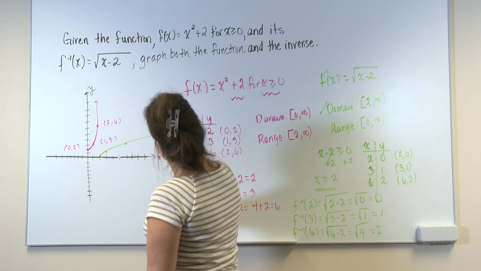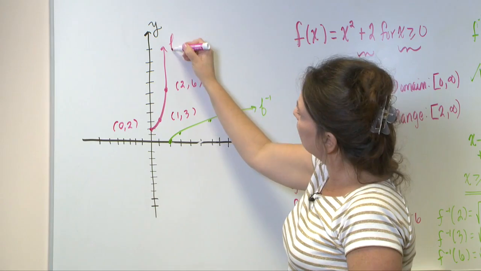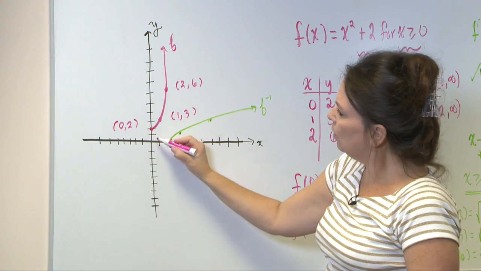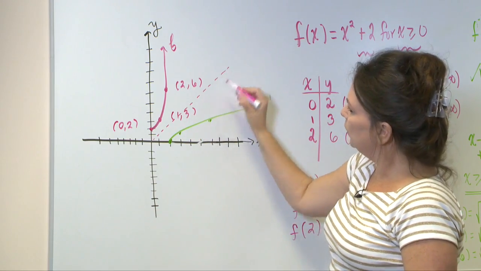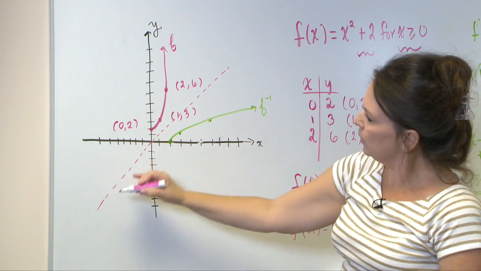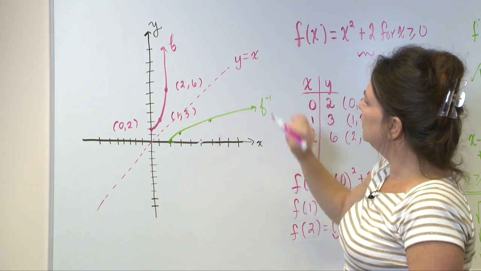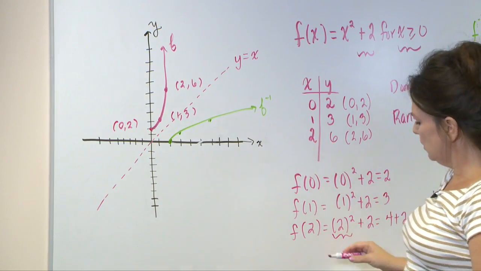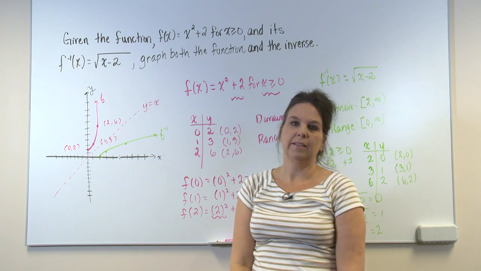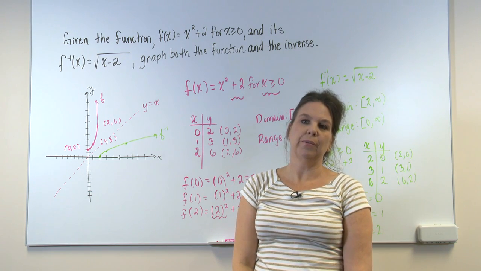So this is f inverse, and this is our graph of f. And these two graphs are symmetric with respect to the line that bisects quadrant 1 and quadrant 3. This is the line y is equal to x. So this is an example of graphing a function and its inverse and showing they are symmetric with respect to the line y is equal to x.